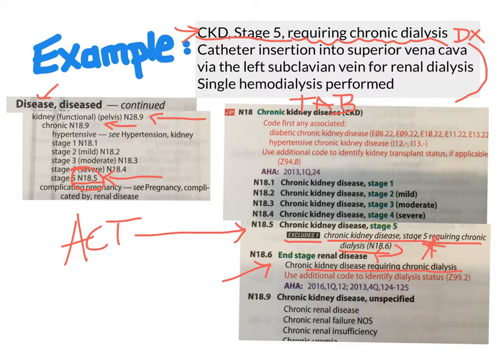So the final 2 diagnosis codes here will be the N18.6, and then we have another note here at N18.6, use additional code to identify dialysis status. Because we have that chronic dialysis, we need to pull in a Z code. Z99.2 to document that dialysis status.